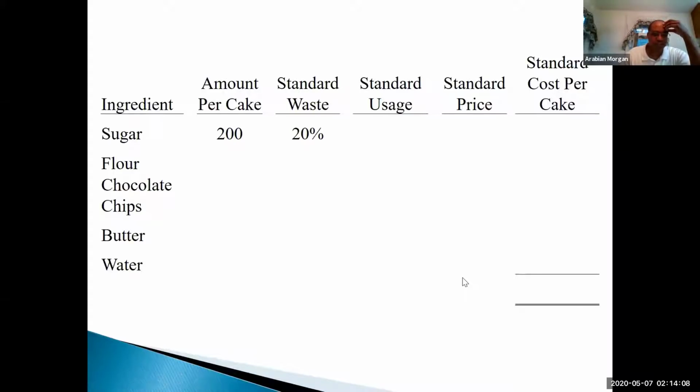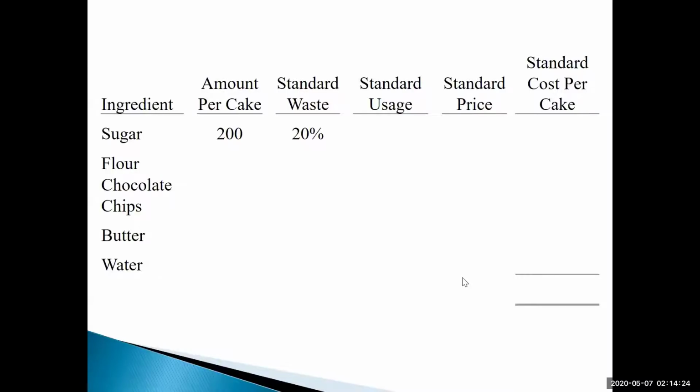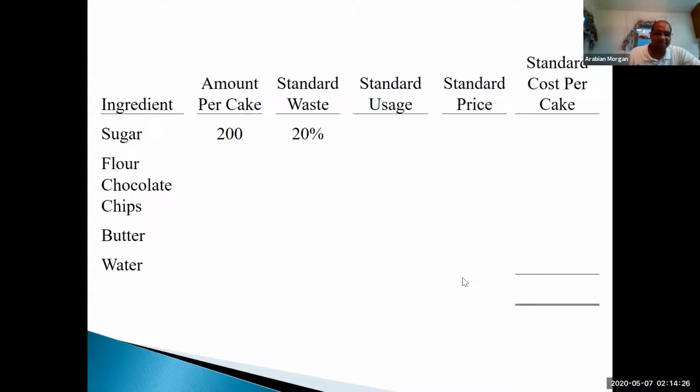So my question for you all, now spend some time calculating this. How much sugar do we need to start off with if we want to make sure 200 ounces gets into the cake? Do some math there. That's going to be our standard usage. Don't respond just yet. Do some math, figure it out.